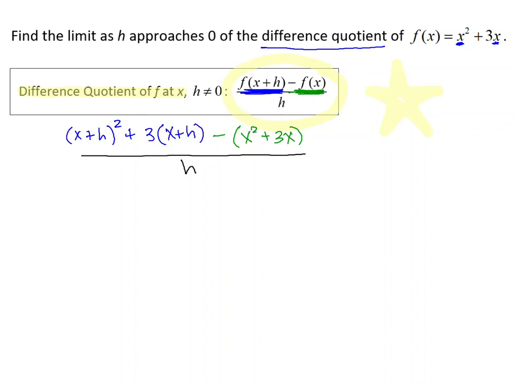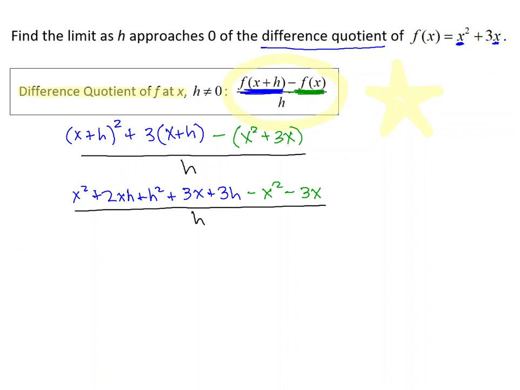And again, I can clean this up a bit. So at first we have x squared plus 2xh plus h squared plus, now we distribute 3 times x and 3 times h, 3x plus 3h, and then we distribute the negative to the x squared plus 3x, minus x squared minus 3x. And then, of course, all divided by h.